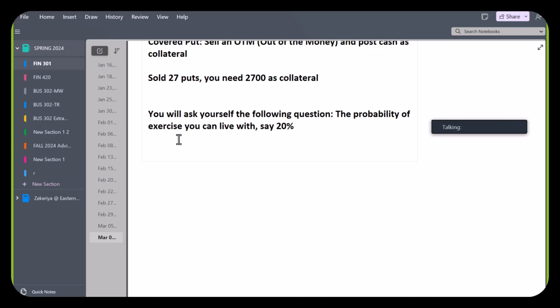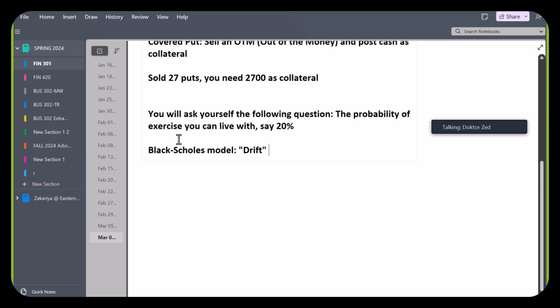Now, without going into too much detail, using the Black-Scholes model, there's a so-called drift, which is basically interest rates plus 0.5 sigma squared times delta t. Delta t is days to expiration divided by 252.